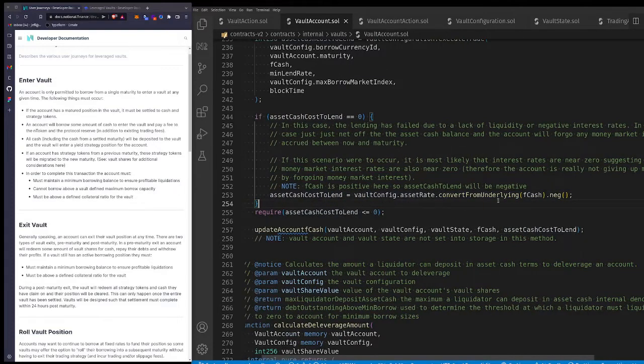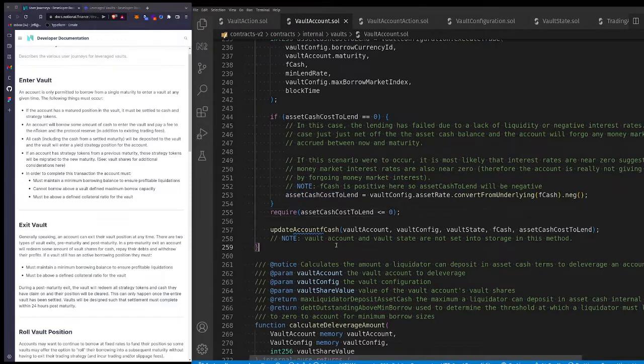If that occurs, we will just allow the account to lend to notional at a 0 interest rate.